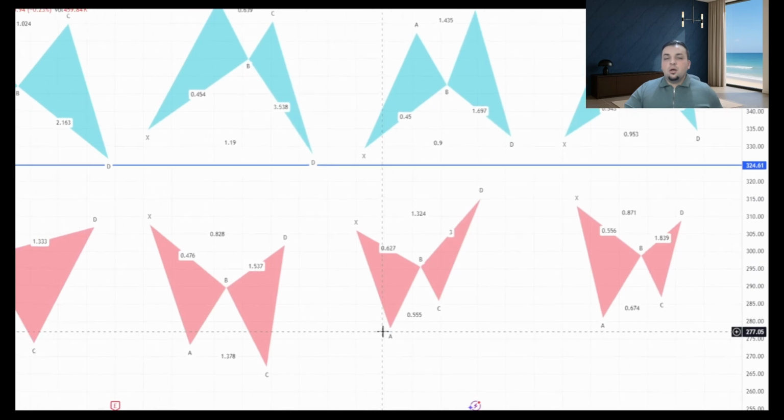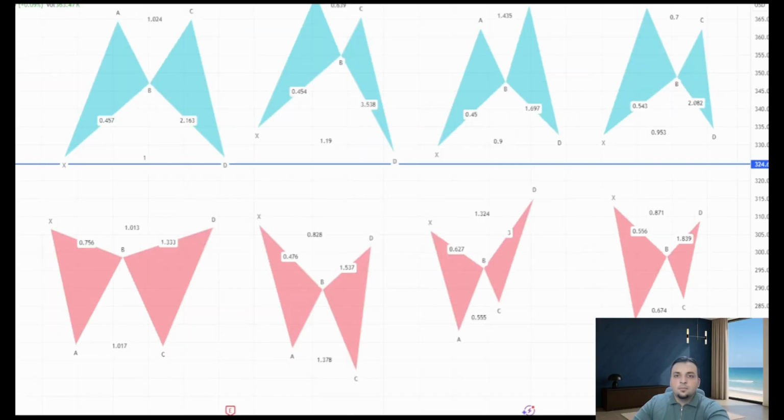So now let's give them names, so we will know how to identify them, because in the future we need to learn how we can know that the D, for example, is going to be lower than X or higher than X, and if the C is going to be higher than A or lower than A. According to the classical theory of harmonic patterns, they have a variety of different names.